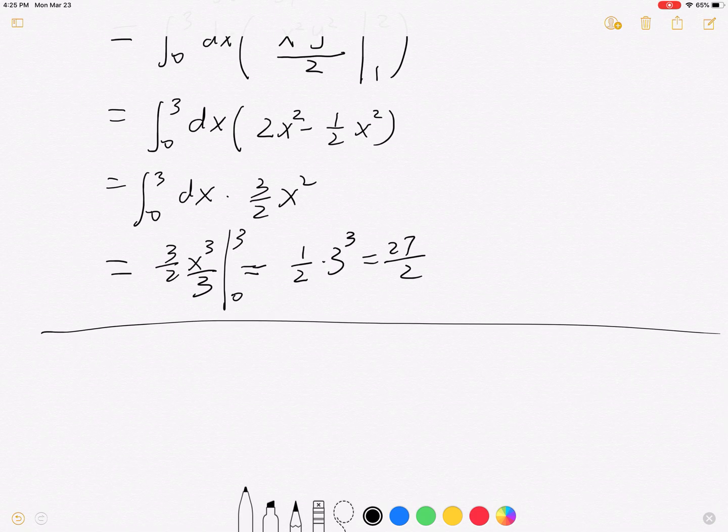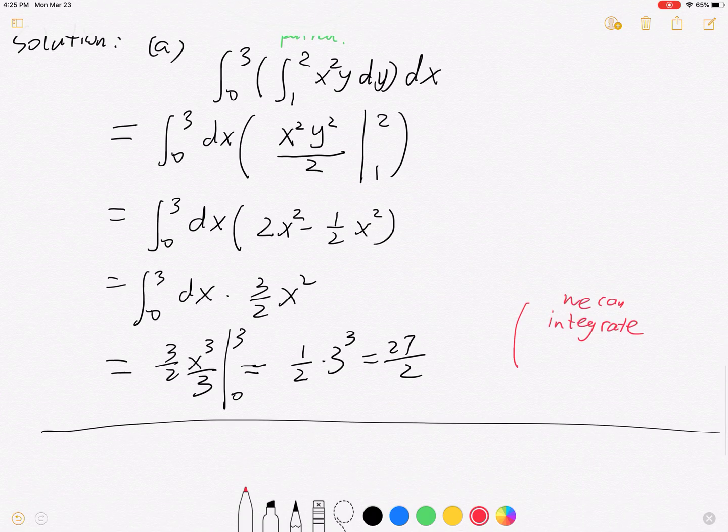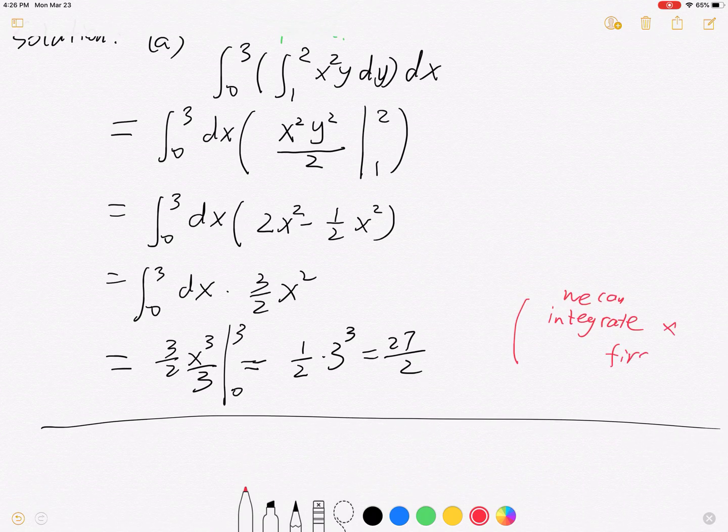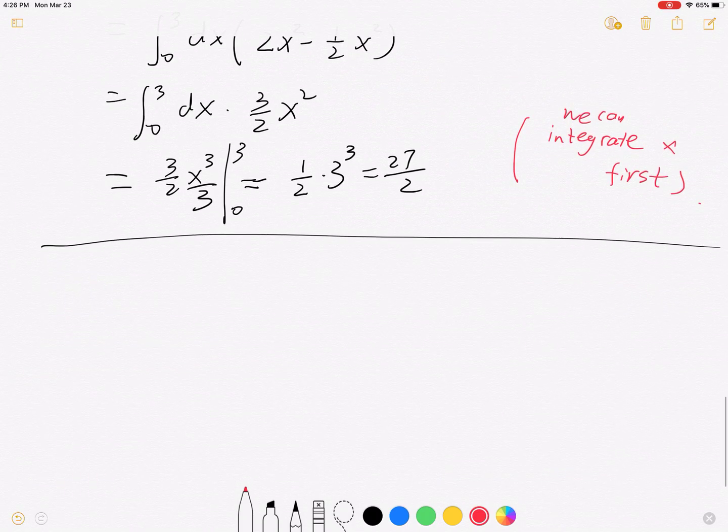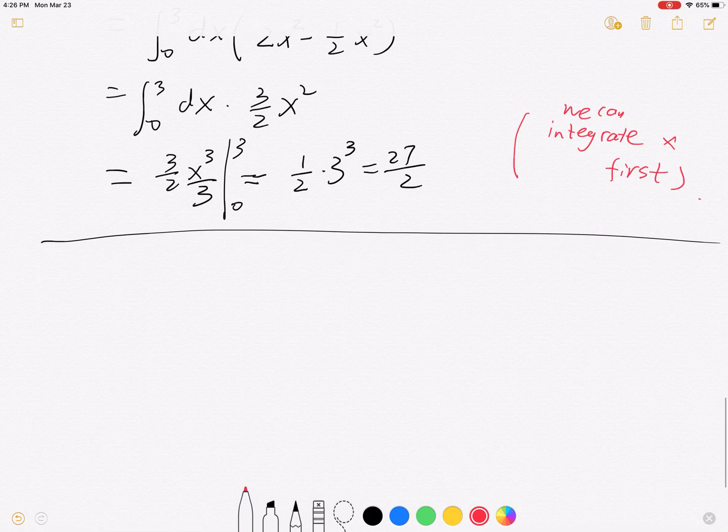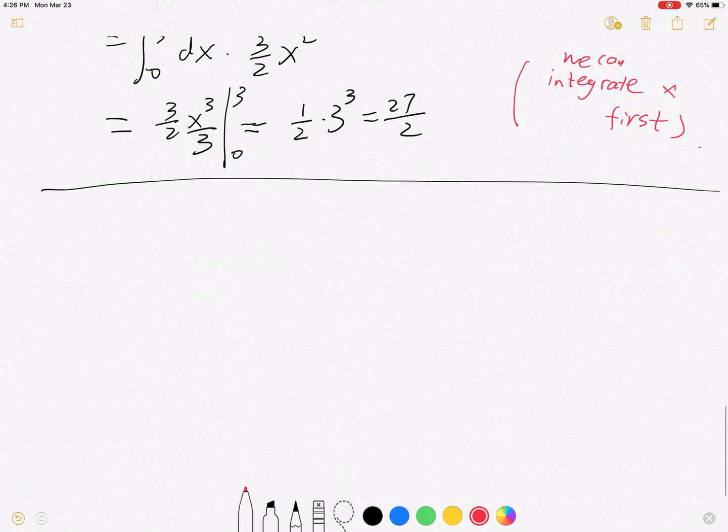Of course, we can integrate x first. We will discuss this extensively later when it's necessary. Here, I think there's no difference to derive the answer.